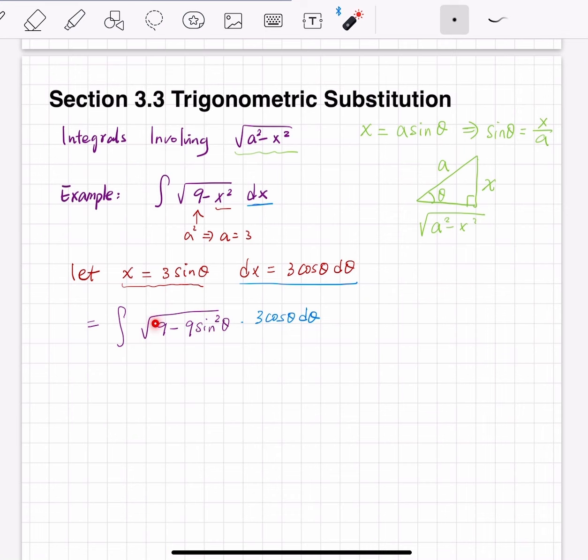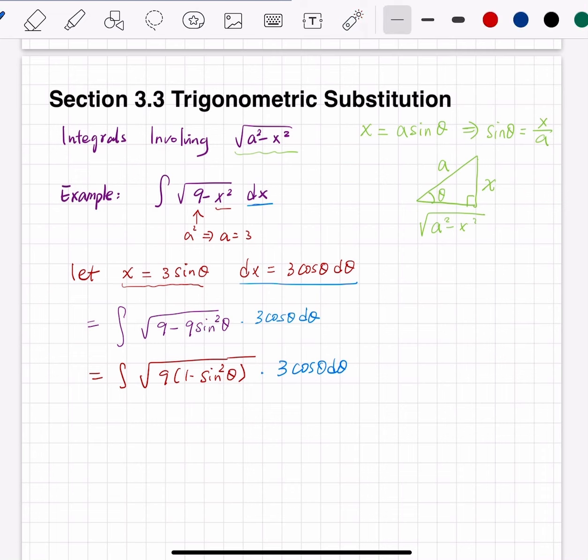And 9 minus 9 sine squared theta, we can factor out and use the Pythagorean identities to rewrite 1 minus sine squared theta as cosine squared.